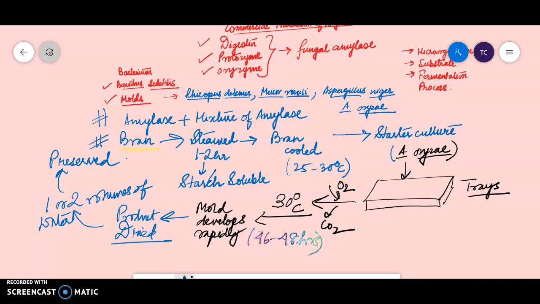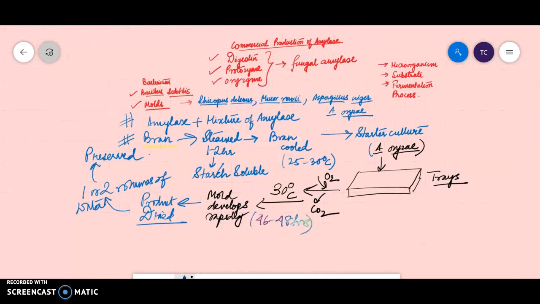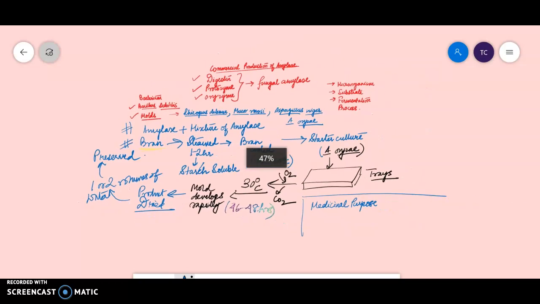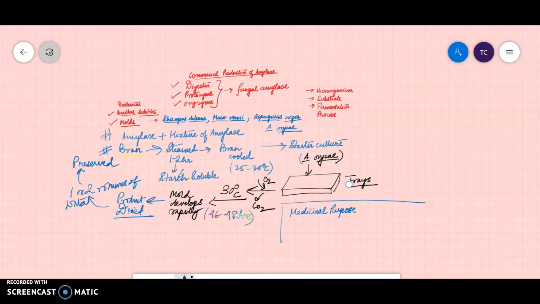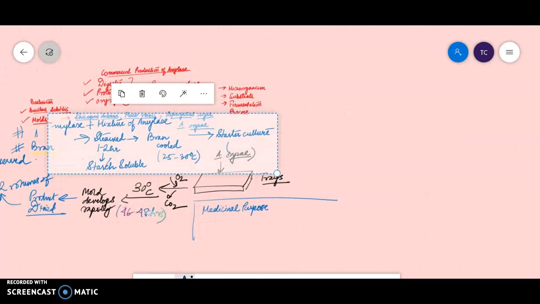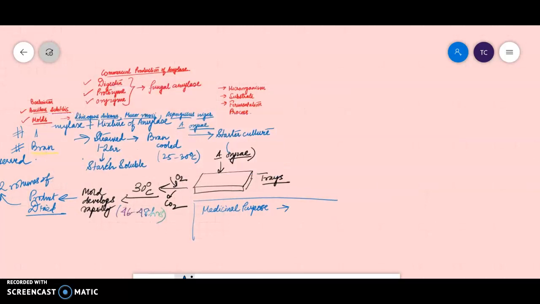Now, if it is for medicinal purpose, then you know that 70% ethanol is added. And why is it added?